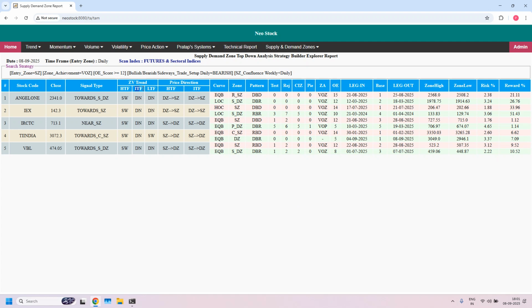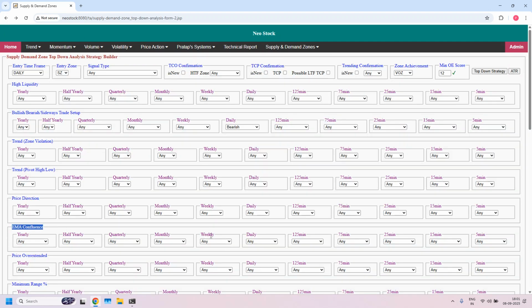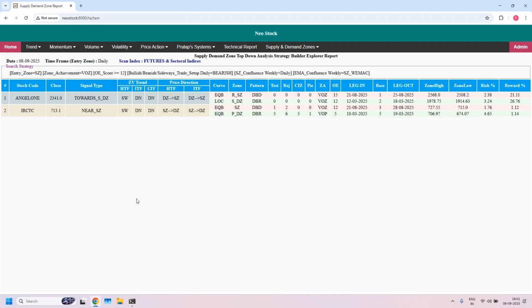And the weekly trend is a downtrend in all the stocks. So we can further filter based on weekly supply zone having weekly EMA confluence, because weekly trend is downtrend. So 2 stocks are filtered. So these 2 daily supply zones are having more high probability to get success, provided lesson 20 checklist items are satisfied.